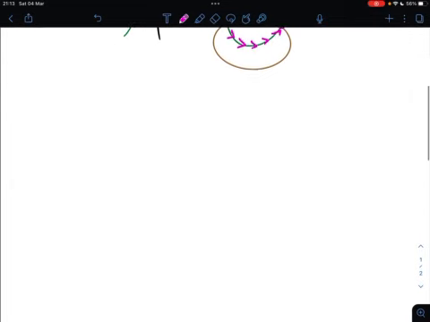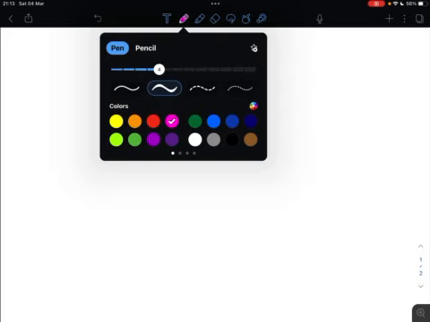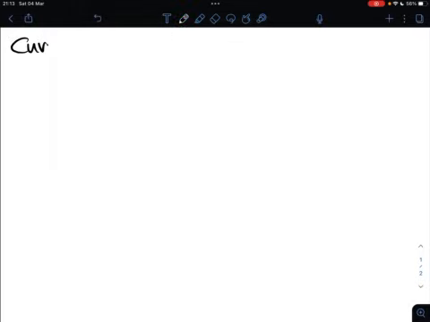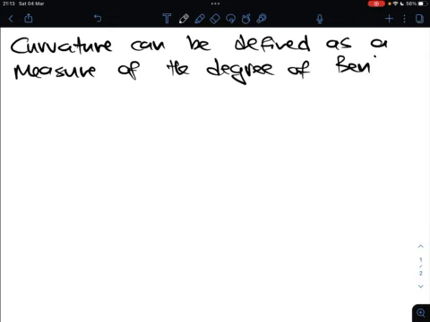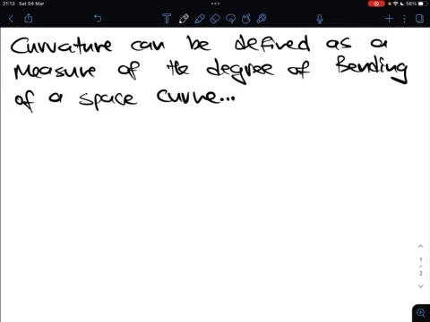To put some notes down, curvature can be defined as a measure of the degree of bending of a space curve, just as we have stated.